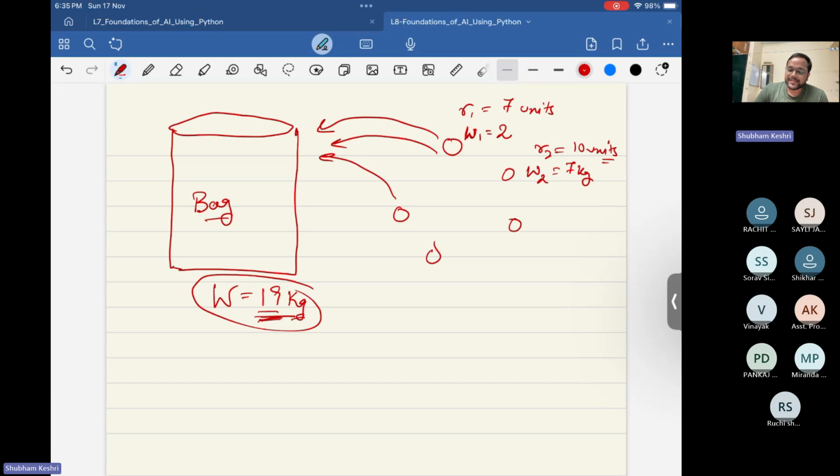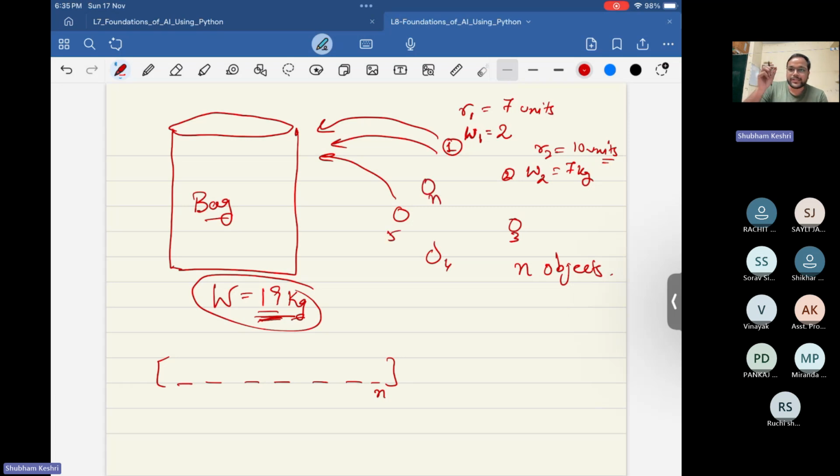So what can be a representation of a solution? Suppose there are n objects. You create a list of n numbers. Each number corresponds to that object's label. Suppose this object is labeled 1, this object is labeled 2, and 3 and 4 and 5 and n.